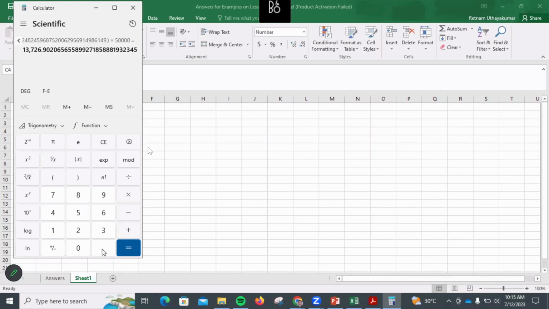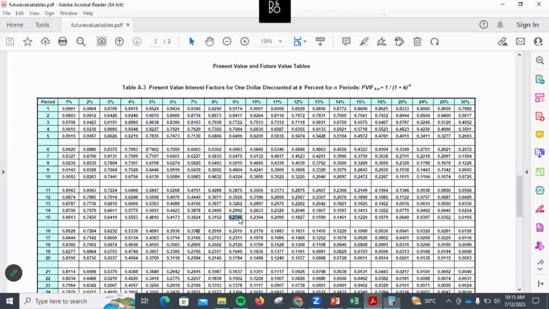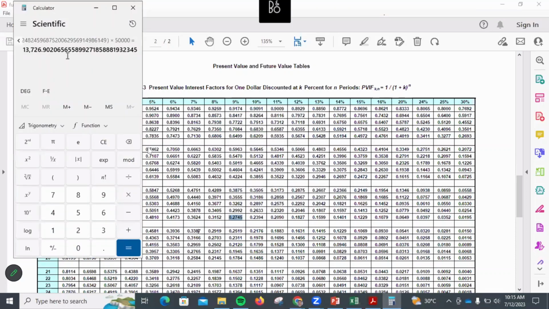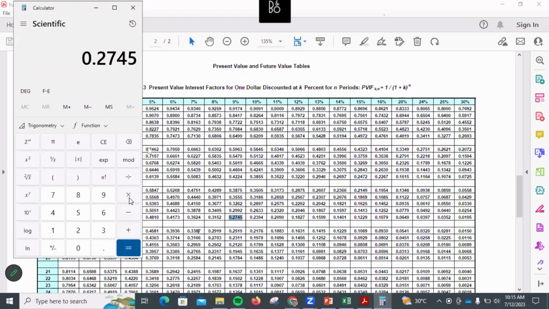So you want to have this number. This number you want to take, and you can multiply this by.